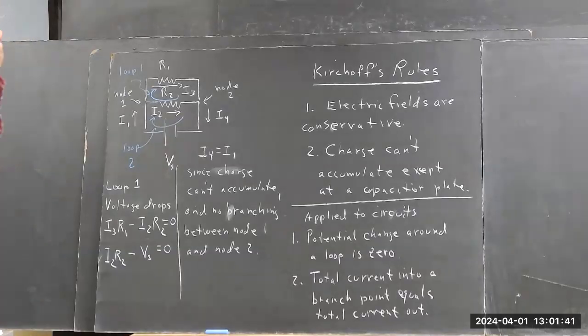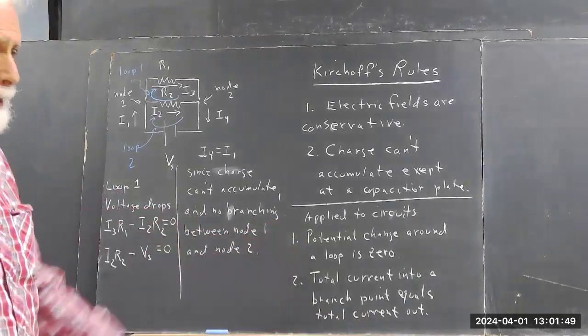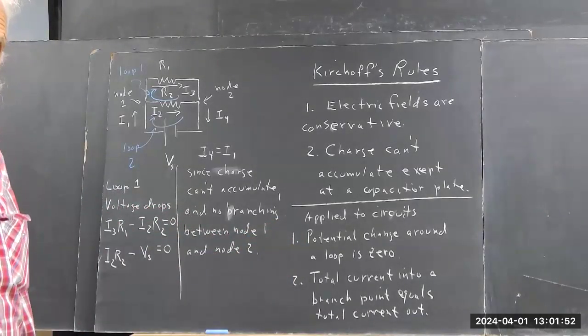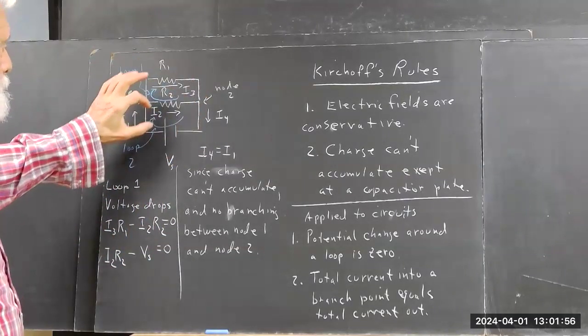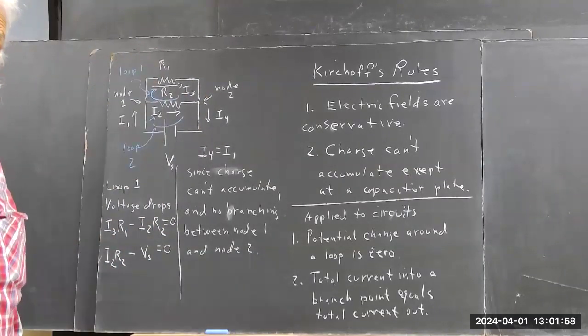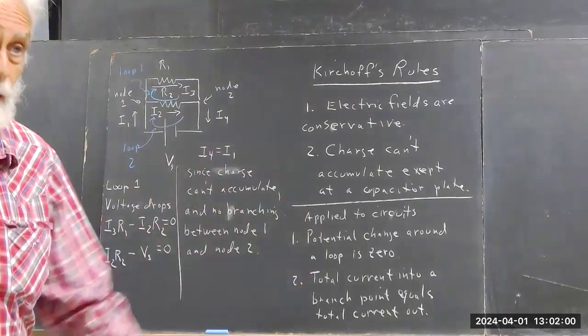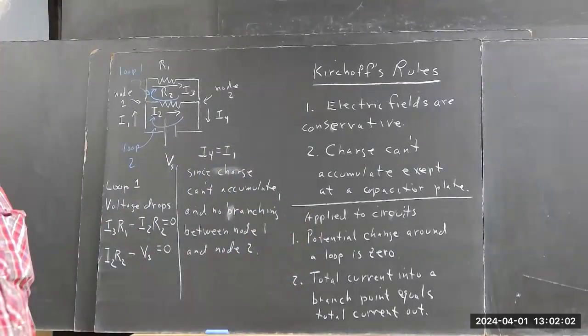Okay. Now, what else can we do? Well, that's pretty much all we can do with the potential change around a loop, because the only other possible loop would be the whole thing, which is just a combination of these two. That's not going to give you any additional information.